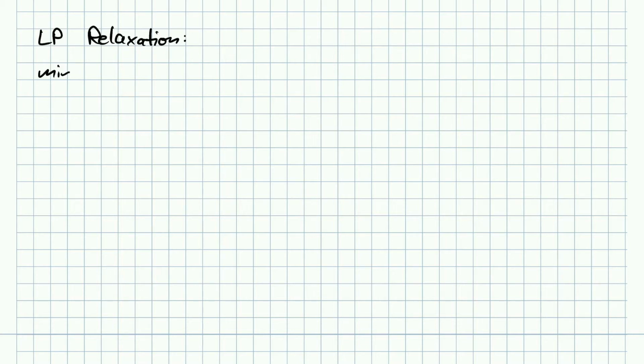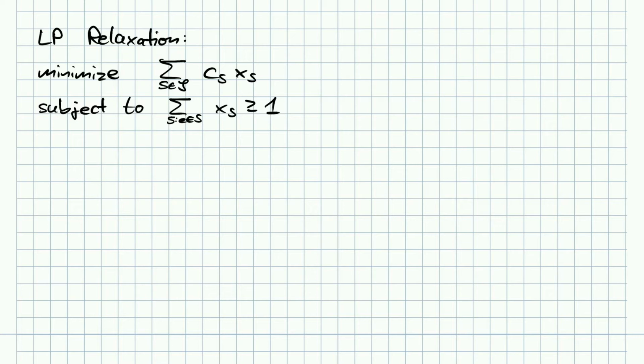We are to minimize the sum of these c_S times x_S subject to these x_S summing up to at least 1 for all the sets which contain a particular element, and as I was saying, these x_S should all be non-negative.